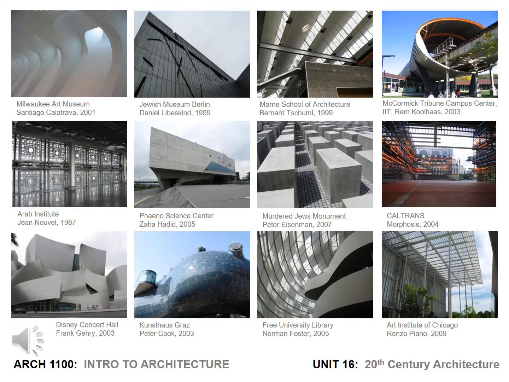The Monument to the Murdered Jews of Europe by Peter Eisenman, located in Berlin from 2007, is a really dramatic piece of architecture. Eisenman's work is most closely associated with deconstruction because he's one of the few architects that actually collaborated with the French philosopher Jacques Derrida, even though Eisenman almost always denies the fact that his work is related to deconstruction.